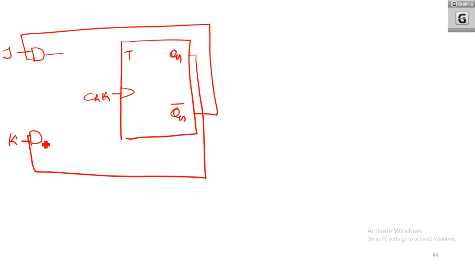So here you should have an OR gate. So this is how you are realizing a JK flip-flop using a T flip-flop.